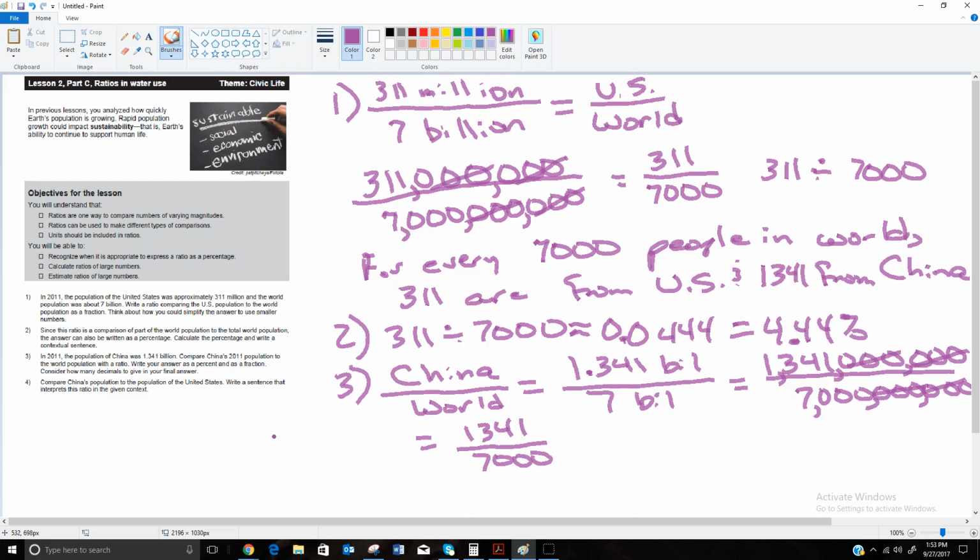Then it says write your answer as a percent and as a fraction. So as a percent, again, we're just going to divide.